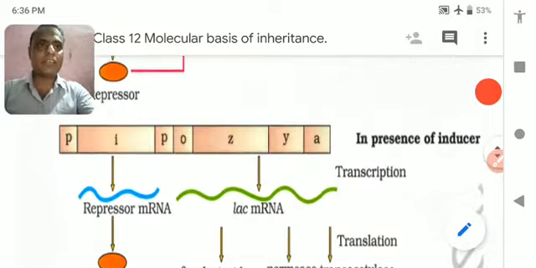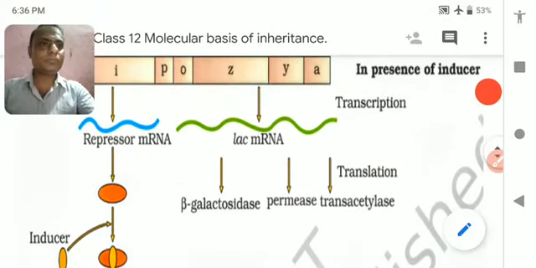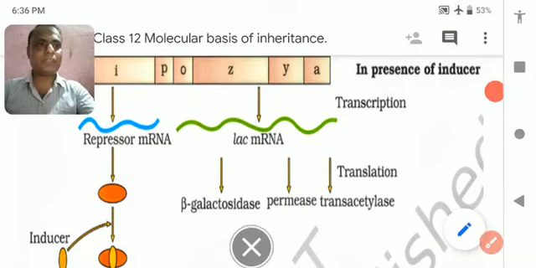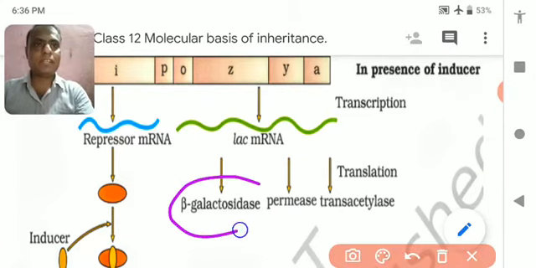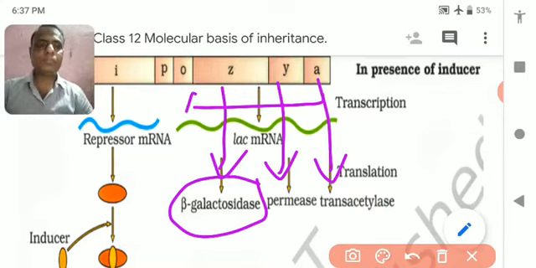It is given over here in your figure. See, first Z, Y, A. These are the 3 structural genes. From Z, beta galactosidase is produced.